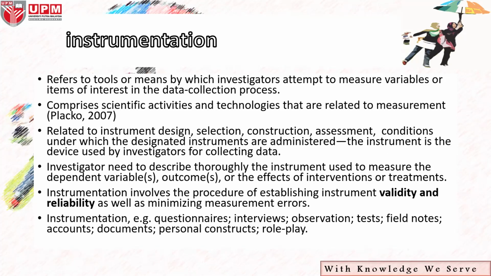Kalau ada 3 IV, 1 DV, maksudnya you should have 4 different instruments. Faham? Saya tak ada slide yang detail lah untuk this one. Ada tapi dalam lecture lain. Okay, cuma ni saya tambah extra notes lah.